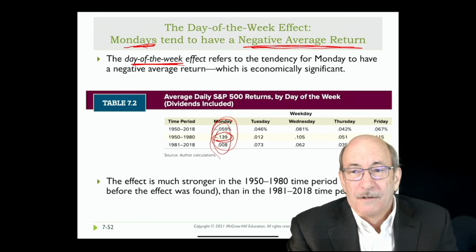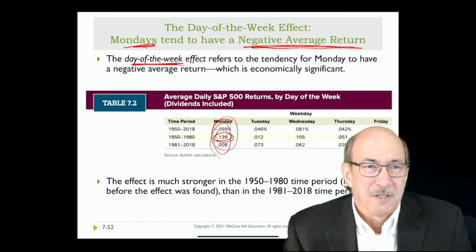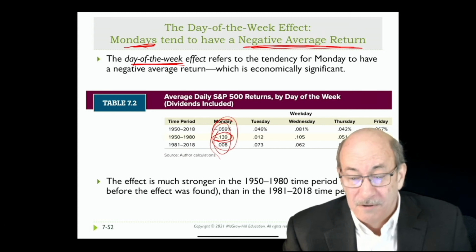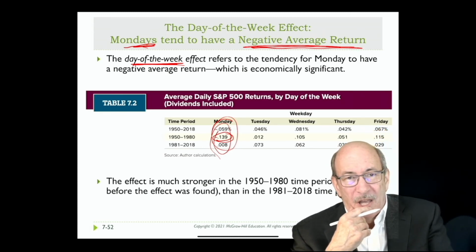So what? If I could get 14 basis points on something, I'd love it. 14 basis points times $1 billion? It's a lot of money. So yeah, actually, this is meaningful. But is there some way to capitalize on this?